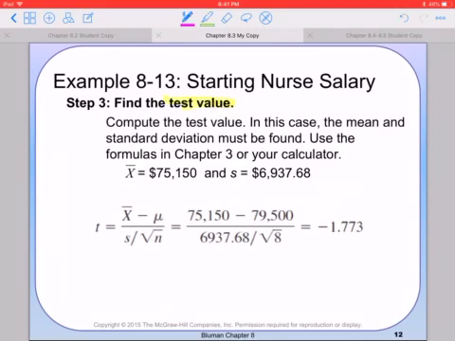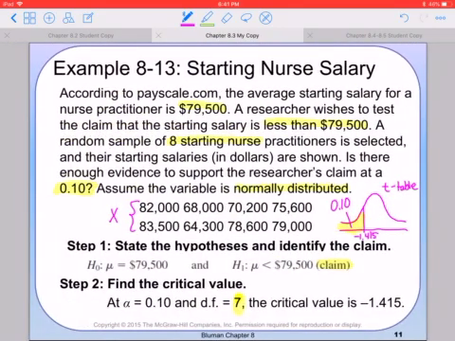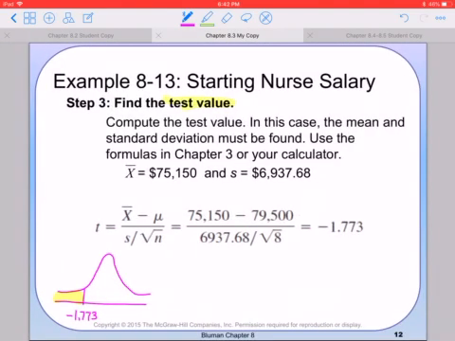Okay, keeping that in mind, now we've got to find what our test value is going to be. So let's draw that picture one more time. Our critical region is over here on the left. We substitute into the formula everything that we have. You can find x bar by adding all the x's up and then dividing by 8, just like normal.